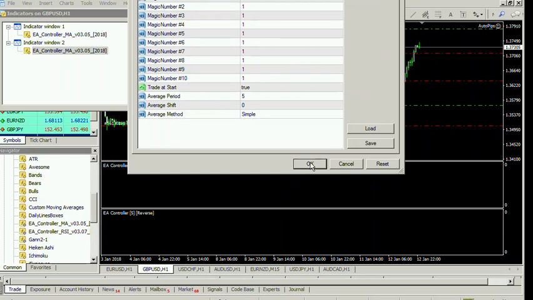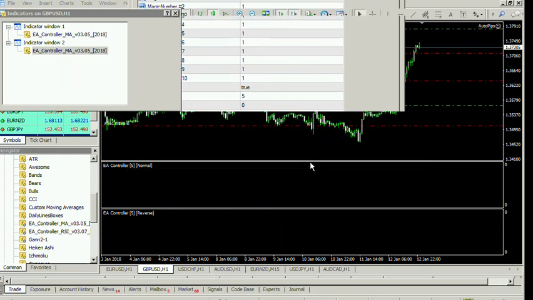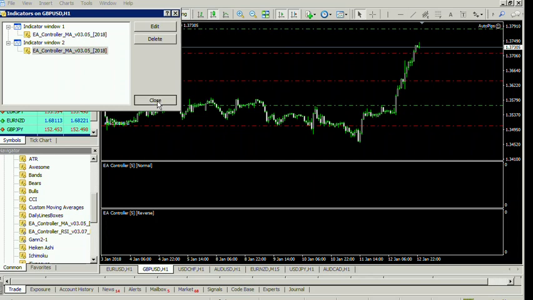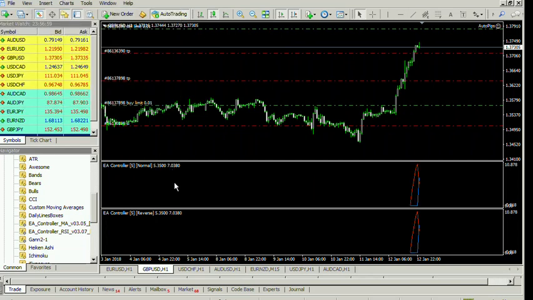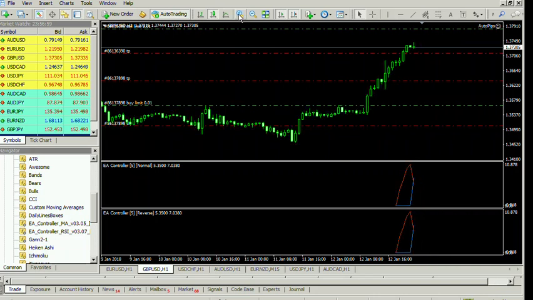Click OK, and close. And so now we can see we've already been trading a little bit. I've been trading all the past week. And so this is the performance curve of the trades at the moment. This timeline here is not in any way linked to the formal timeline.